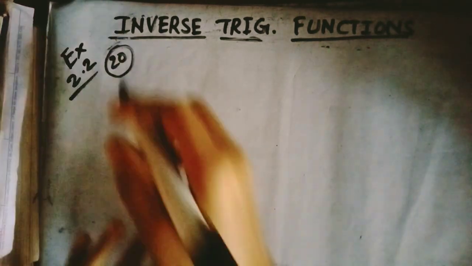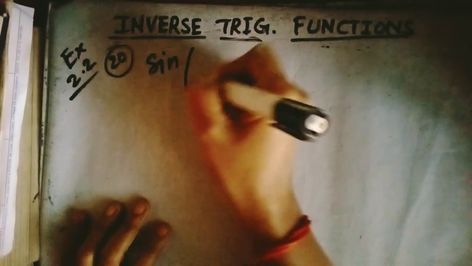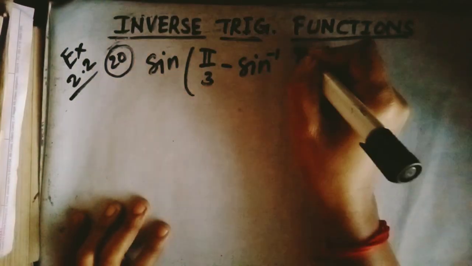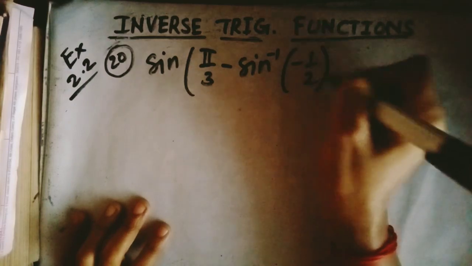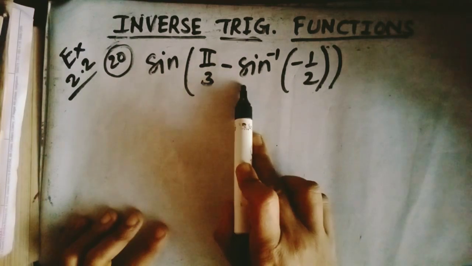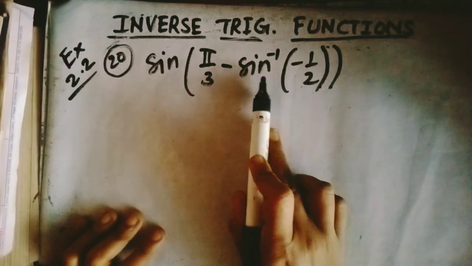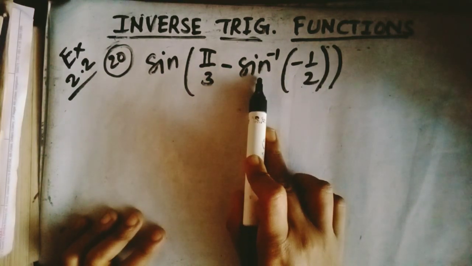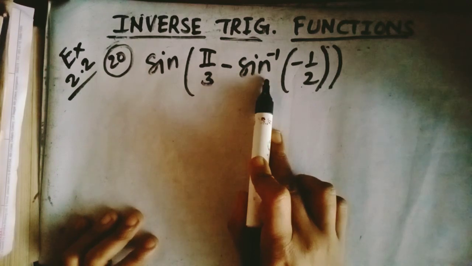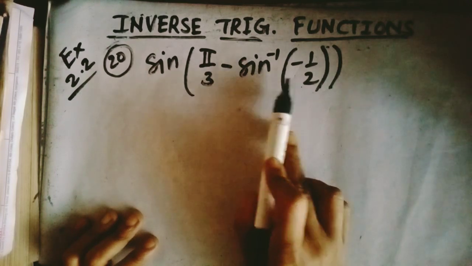Question 20. Sine of pi by 3 minus sine inverse of minus half is equal to. So you have to first find the sine inverse of minus half. Sine half is the sine of which angle? Sine of 30. So this will be minus pi by 6.